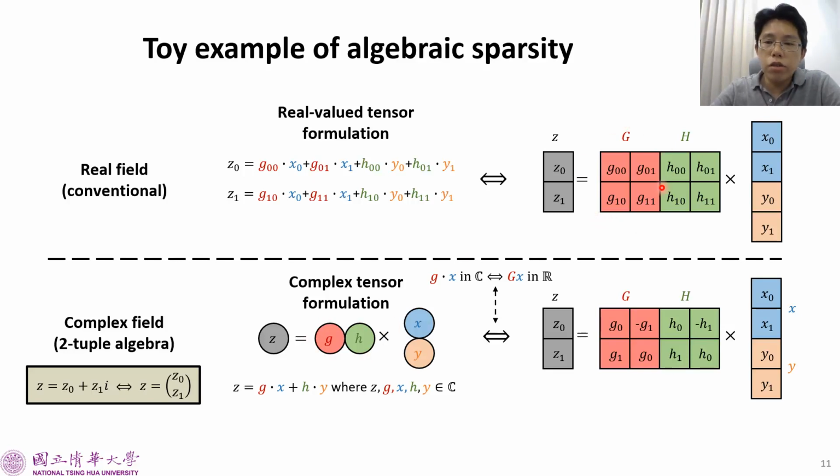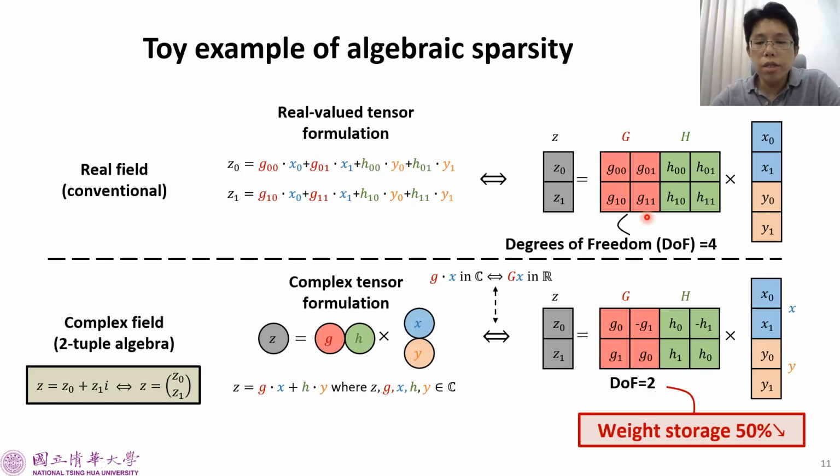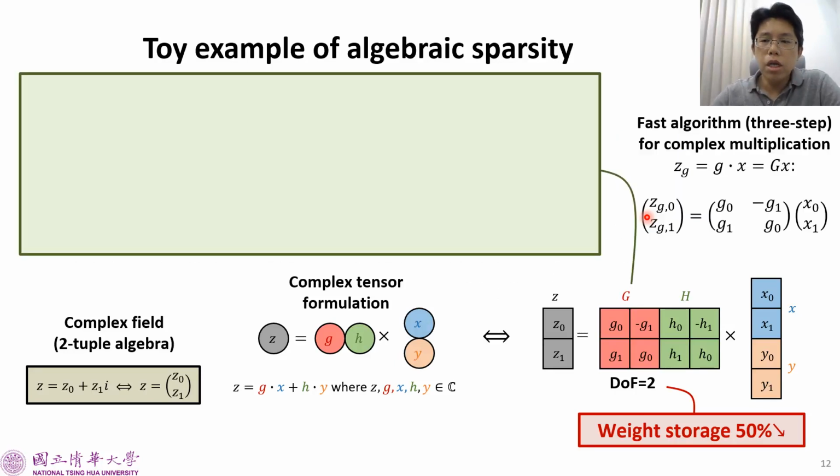For the matrix G here, the original degrees of freedom is 4. By using complex number, it can be reduced to 2. So we can reduce weight storage by 50%. As for complexity, for this complex multiplication, there is a famous fast algorithm.